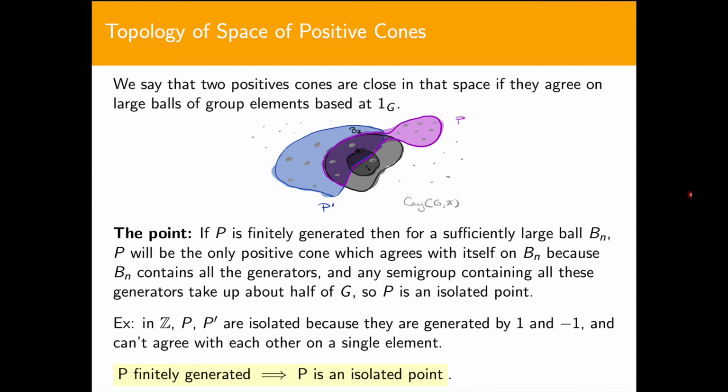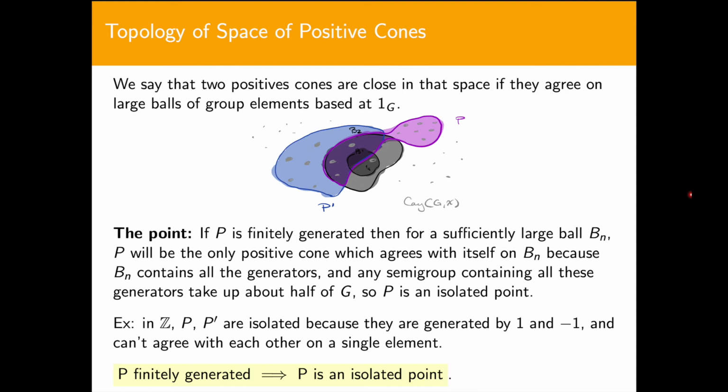So here I wrote that I need some ball containing all the generators inside it. If you contain all the generators of a positive cone, then you really cannot be a different positive cone, because a positive cone is maximal in some sense in G. Okay, so therefore, a finitely generated positive cone will be the only positive cone in its neighborhood, so it's an isolated point.